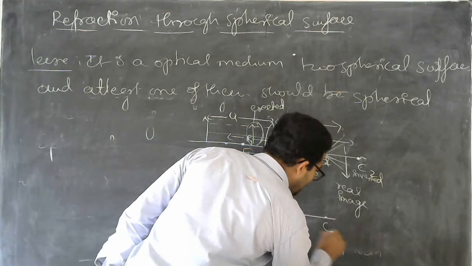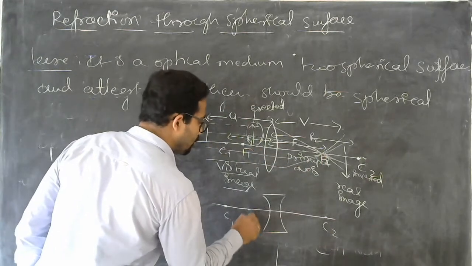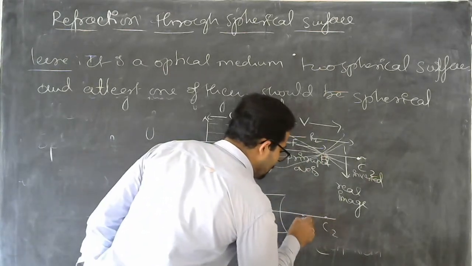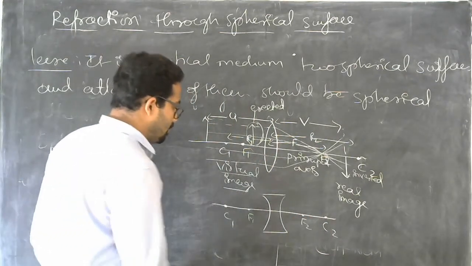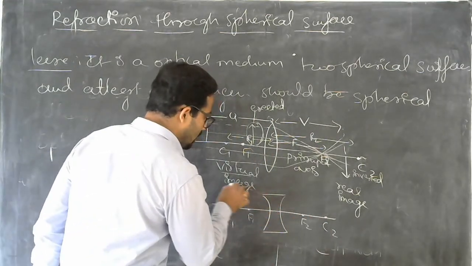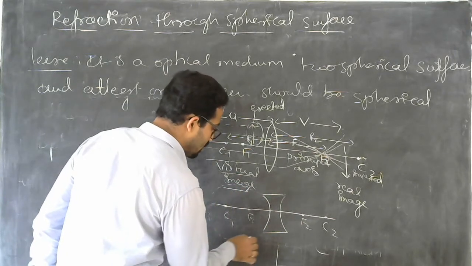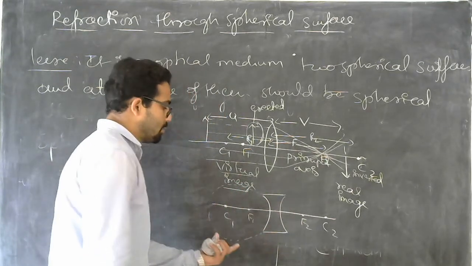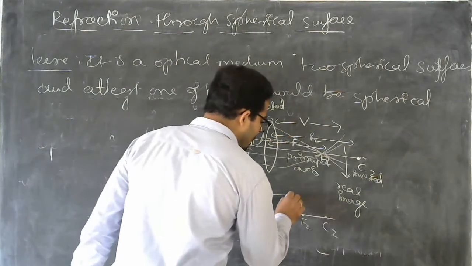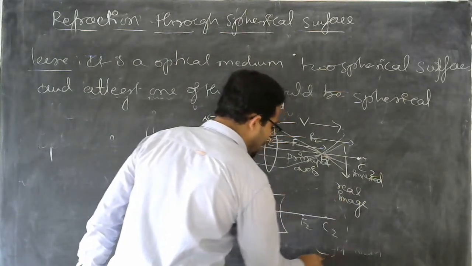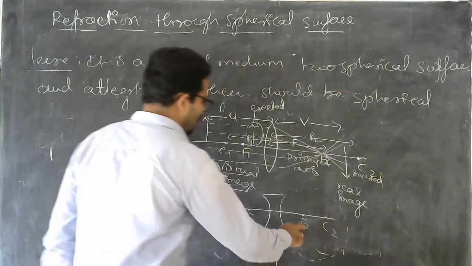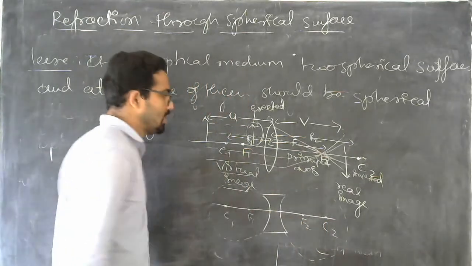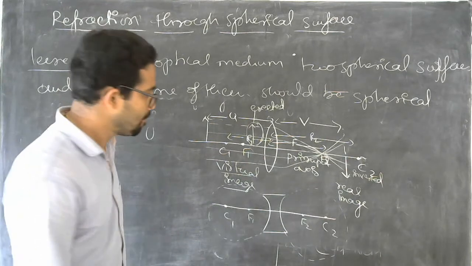Here it will have C2. F1 will be there. F2 is also. And this is one spherical part of a sphere, and this is a part of another sphere. This is the center of curvature. These are the two focus points. That's why they are called the foci.